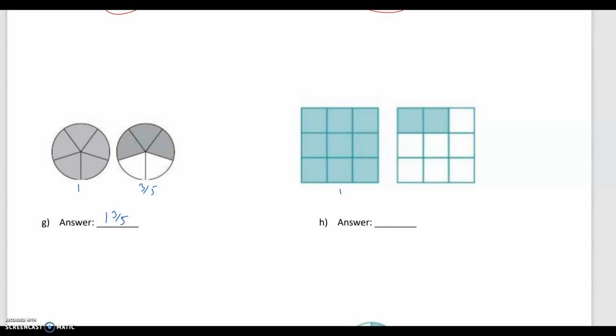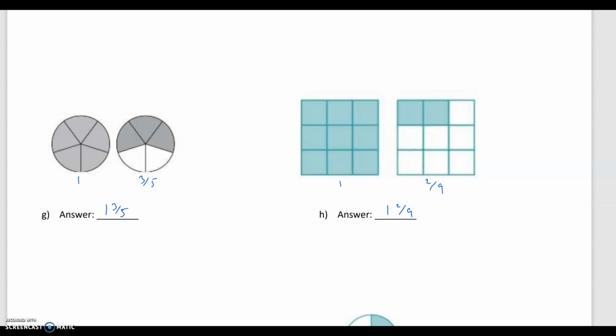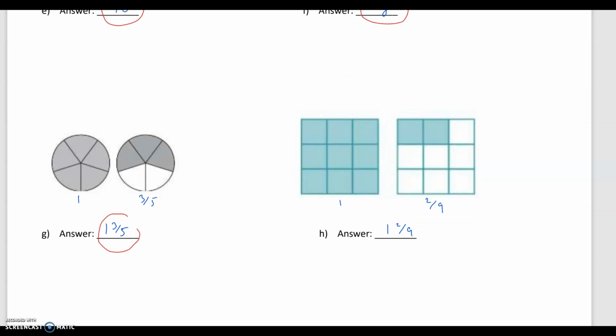And then I see 9 pieces, but then just 2 out of 9. So 1 and 2 ninths. And you can also express it as an improper fraction. They don't tell us exactly how they want it, so I'll just leave it as a mixed number for these two problems.